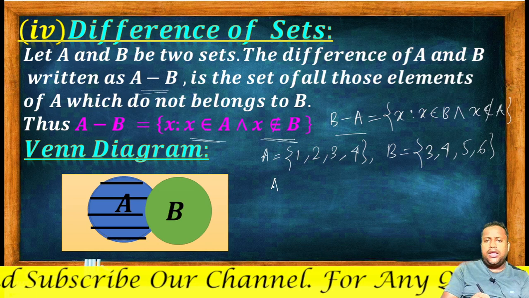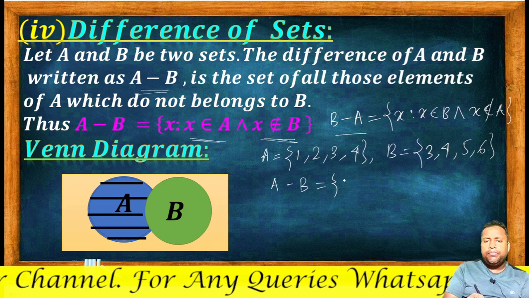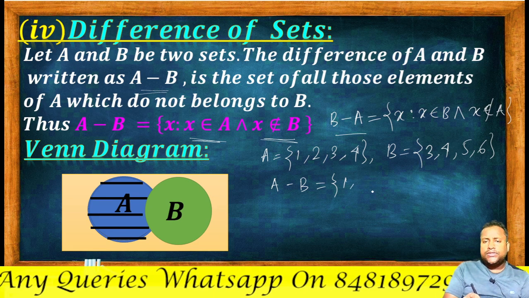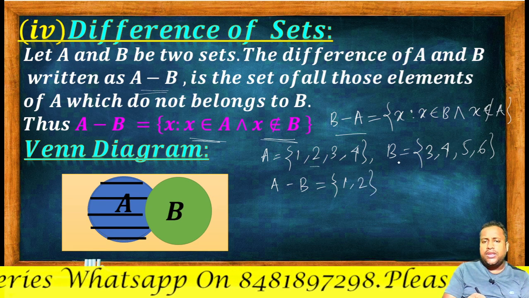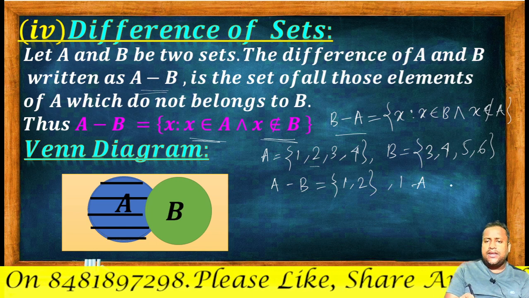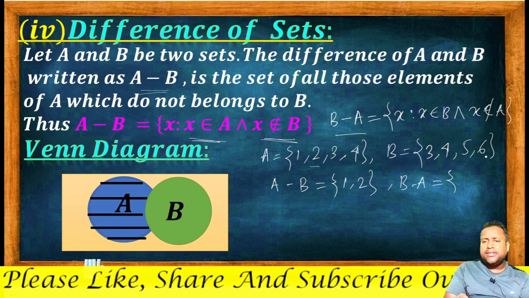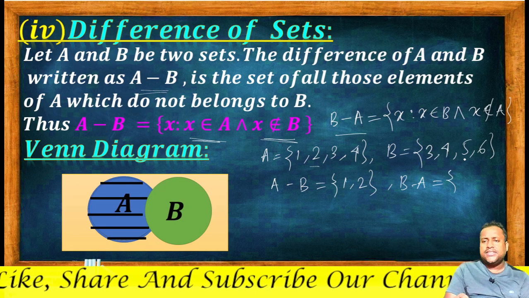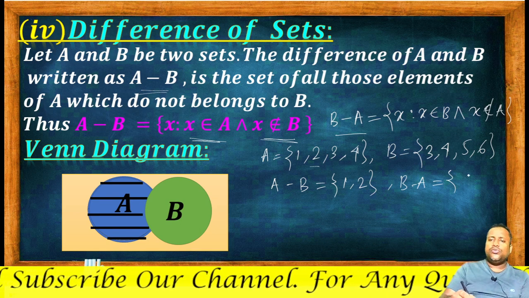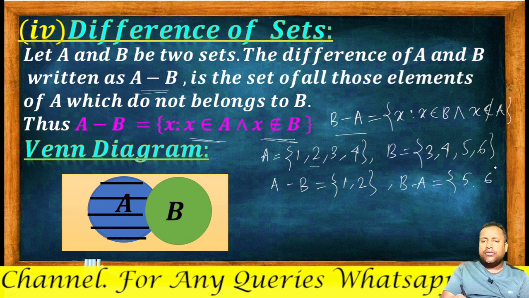Then A minus B will be {1, 2}, since 1, 2 are present only in A but not in B. Similarly, if we consider B minus A, then 5 and 6 are present only in B but not in A, so B minus A will be {5, 6}.